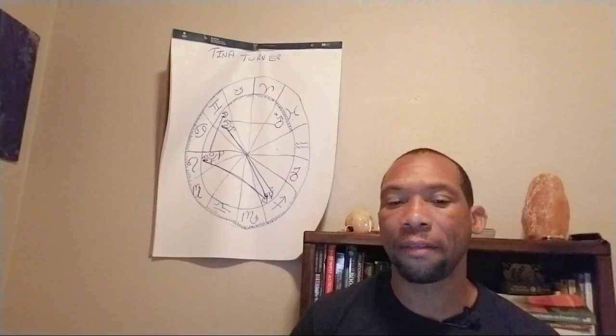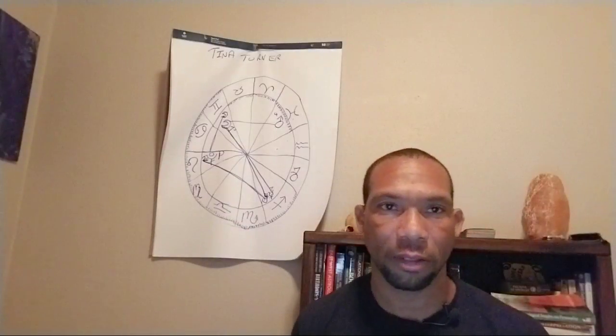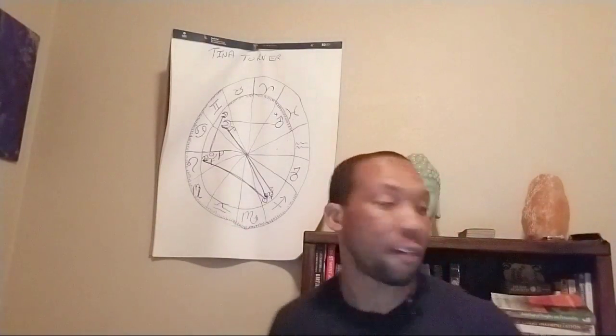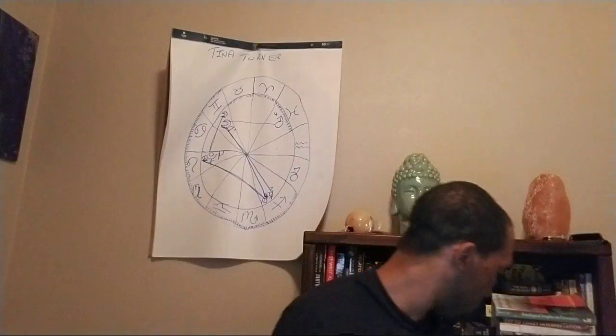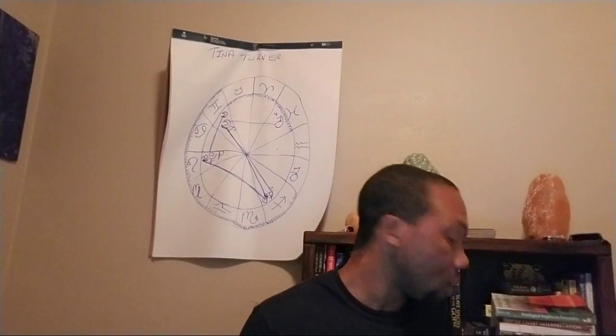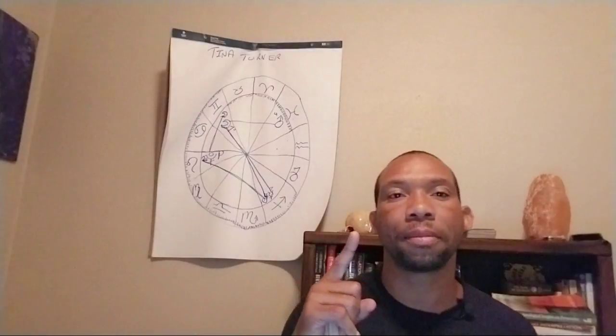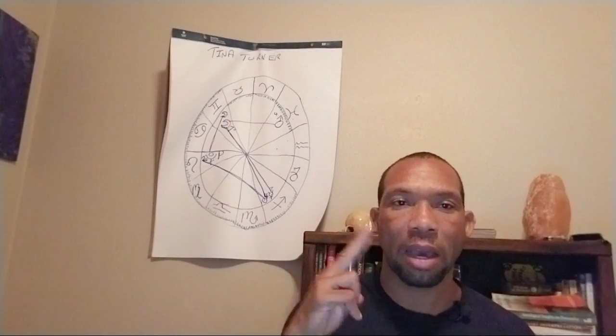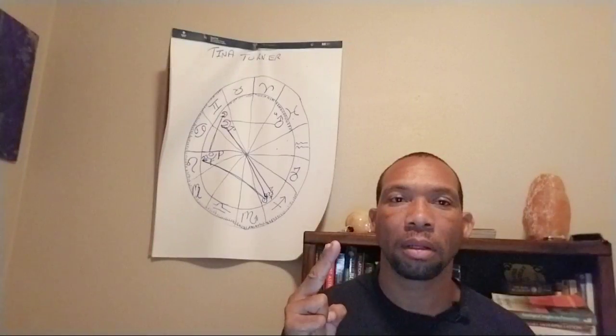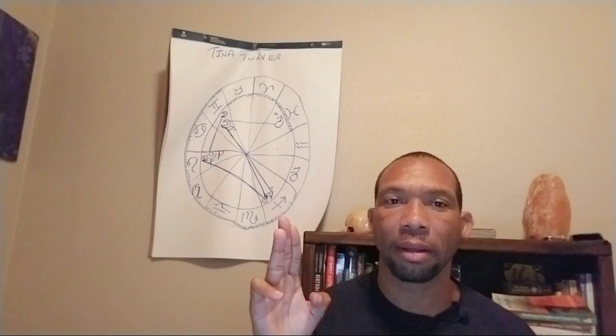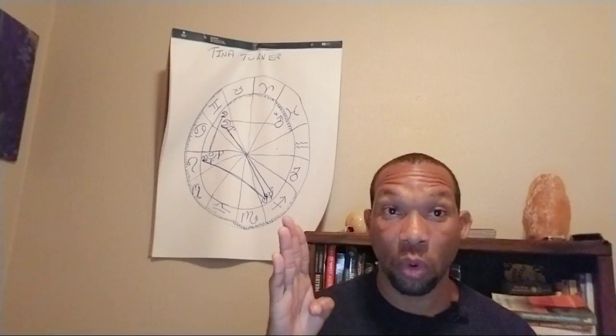So now you have the 5 major aspects, and I'm going to review them. It is the conjunction, the sextile, the trine, the square, and the opposition.